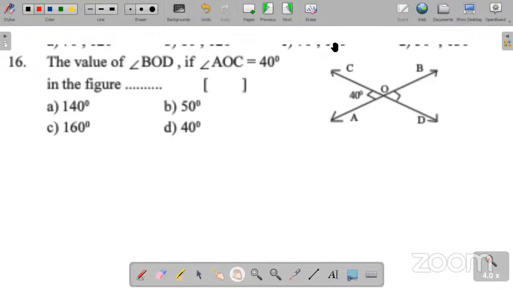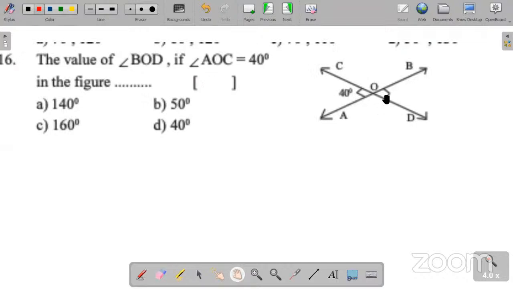Okay, yes, let us try. See, the value of angle BOD we need to find out.